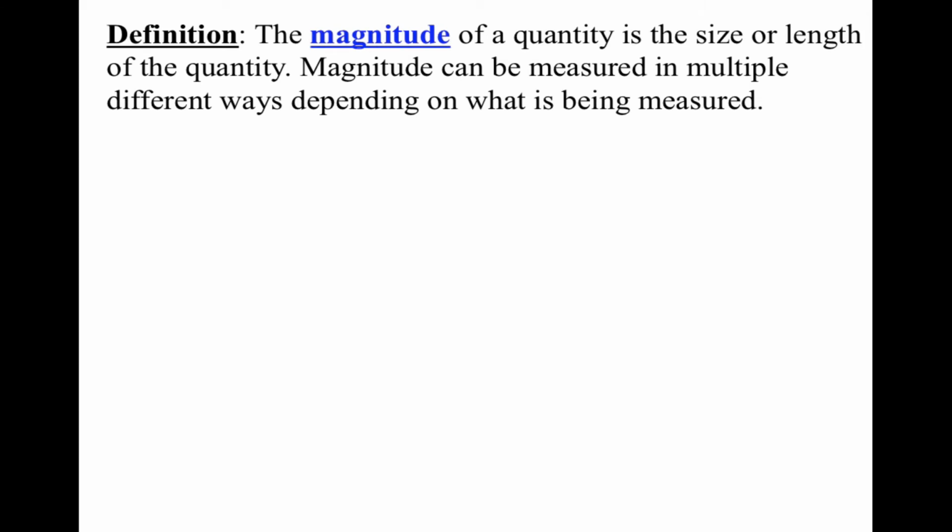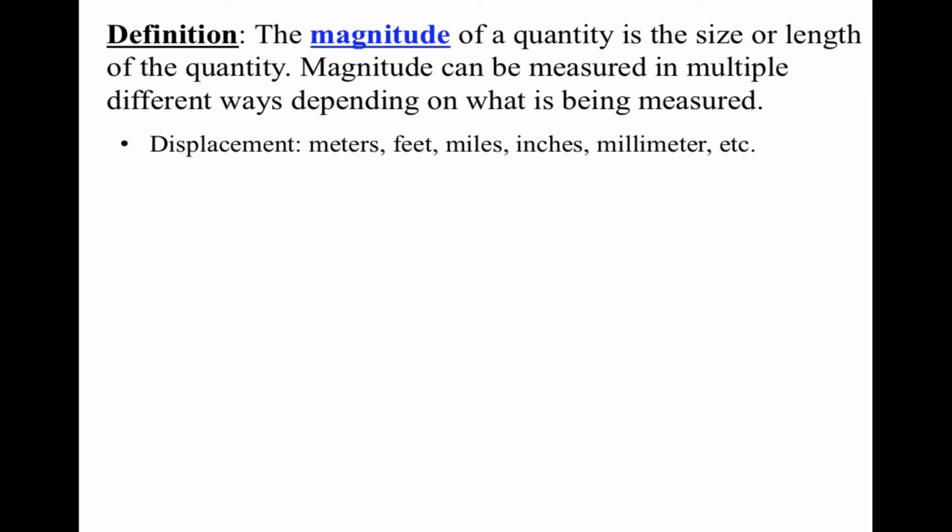So what is magnitude? Magnitude of a quantity is the size or length of the quantity. Magnitude can be measured in multiple different ways depending on what is being measured.